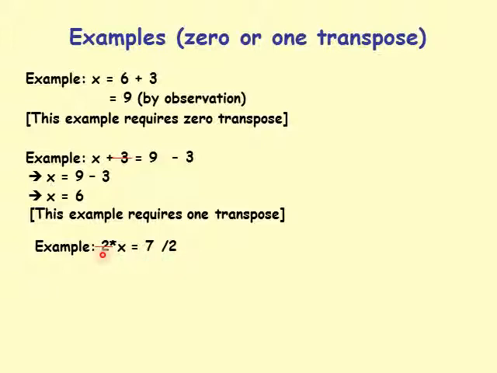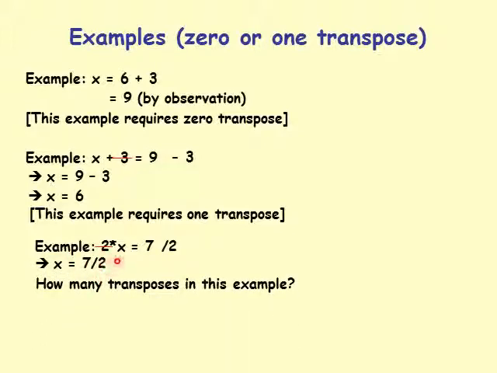So a multiplied-by term becomes divided by when I go to the right. So x is 7 by 2. That's the answer. How many transposes were required? We transposed multiply by 2 to the right, so 1 transpose.